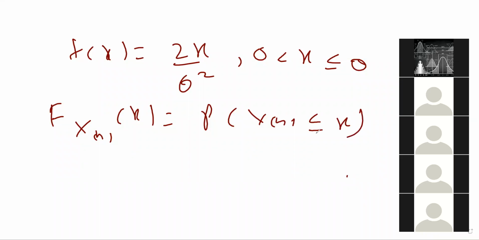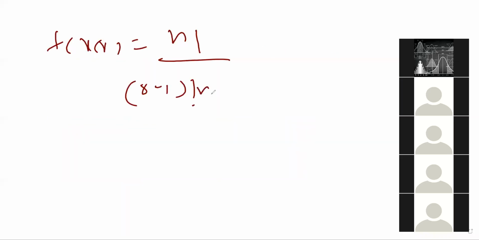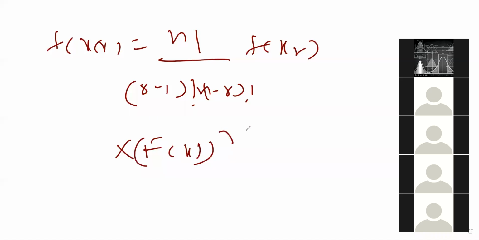This is one of the methods. All of you know the order statistic formula: f of x(r) equals n factorial over (r minus 1) factorial (n minus r) factorial, times f(x), times F(x) raised to r minus 1, times 1 minus F(x) raised to n minus r.